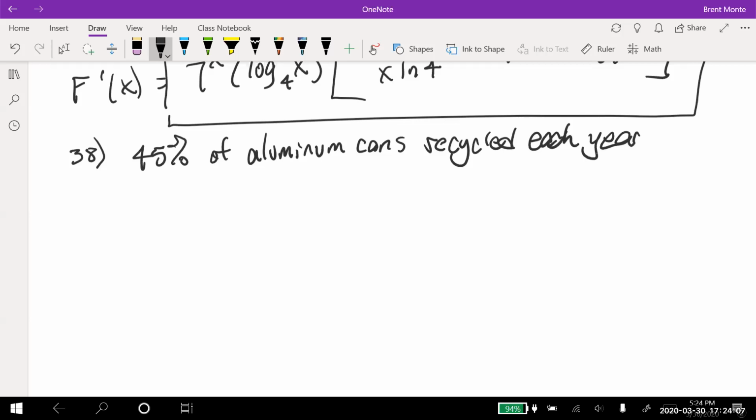All right. It says a beverage company uses 250,000 pounds of aluminum cans. So they use 250,000 pounds. They use the lbs abbreviation of aluminum cans.